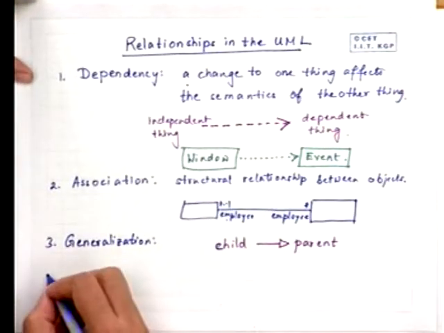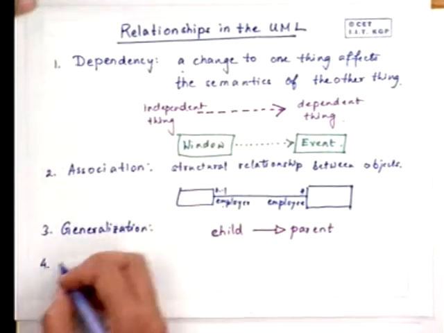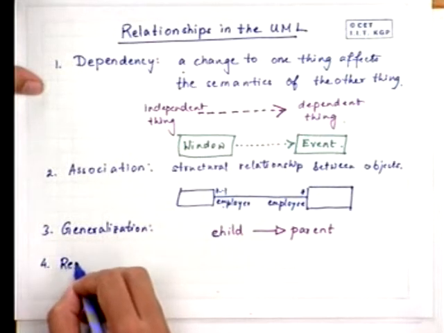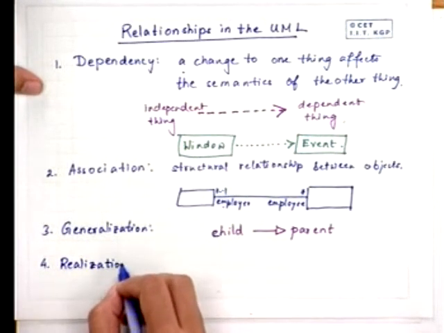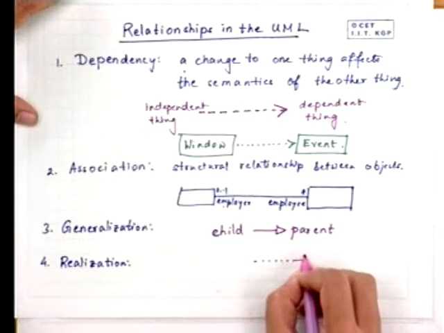The fourth type of relationship is the realization relationship. And realization relationship is a semantic relationship between classifiers. It is denoted in this way.